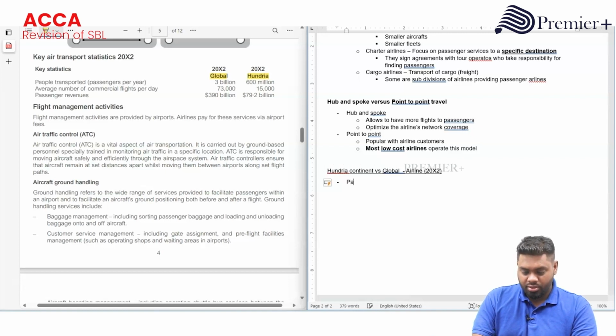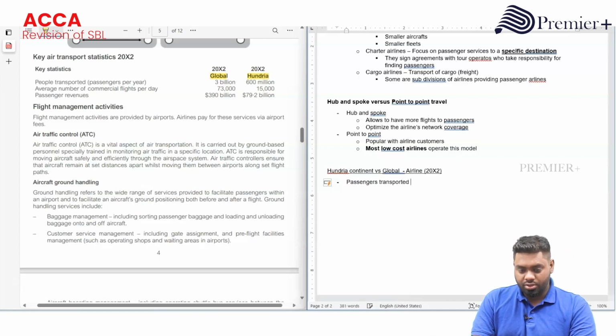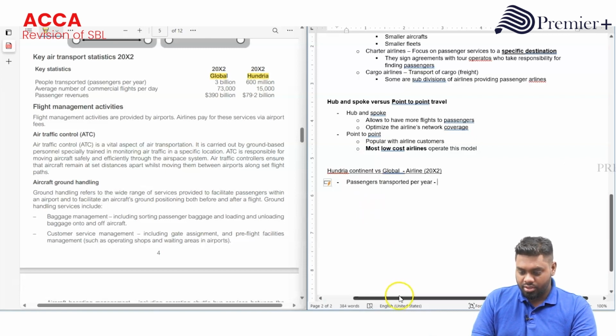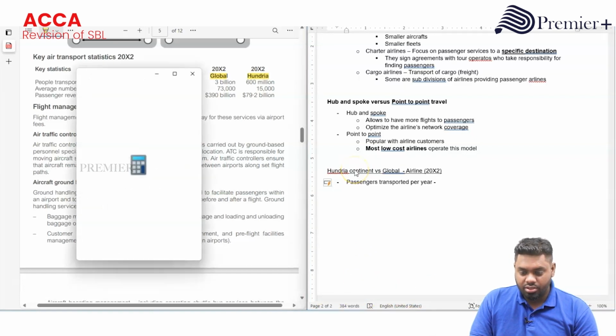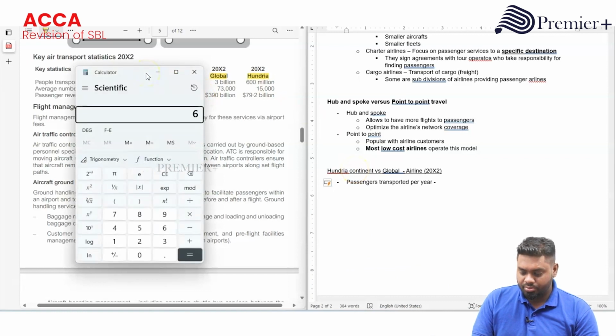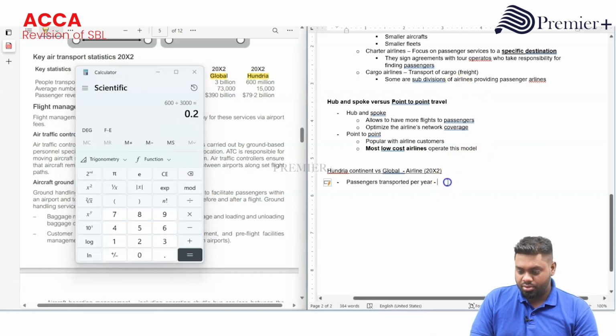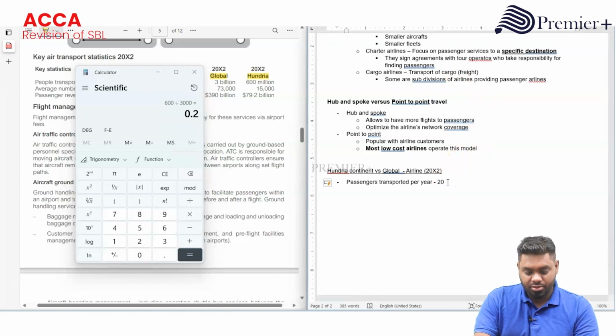Passengers transported per year: if you take Hungary, it's 600 million as a percentage of 3 billion, 20%.